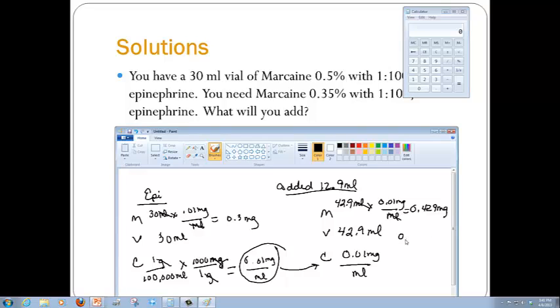So don't forget to do this last step, which is subtraction. 0.429 minus the 0.3 that we had in the original solution. We will add 0.129 milligrams of epinephrine in order to correct back to 1 to 100,000 concentration after we diluted the solution to correct the Marcaine concentration.